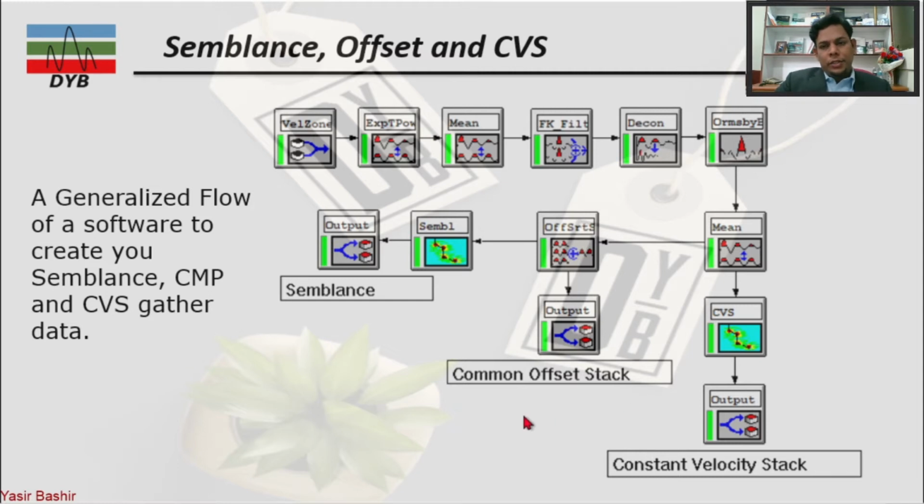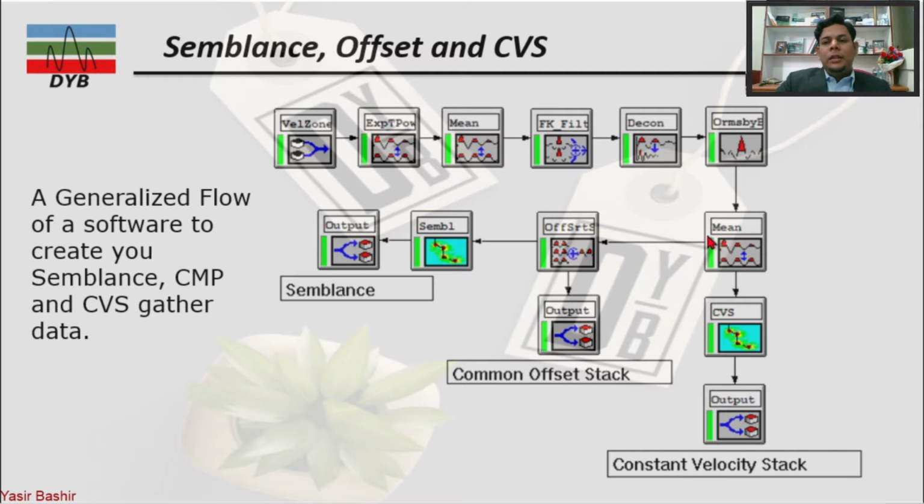Here you can apply different gains like exponential, T power, or mean, or filtering techniques such as FK filter, deconvolution, or Hendry filter, to get your clean data. All these steps, including deconvolution, are included in the pre-processing.